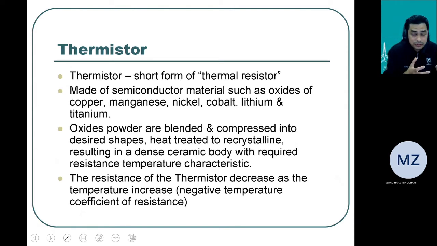That's how a semiconductor works. In the previous one, we increase the temperature, the resistance will increase. For this one, we increase the temperature, the resistance will decrease. Okay, so this is the difference between thermistor and RTD.